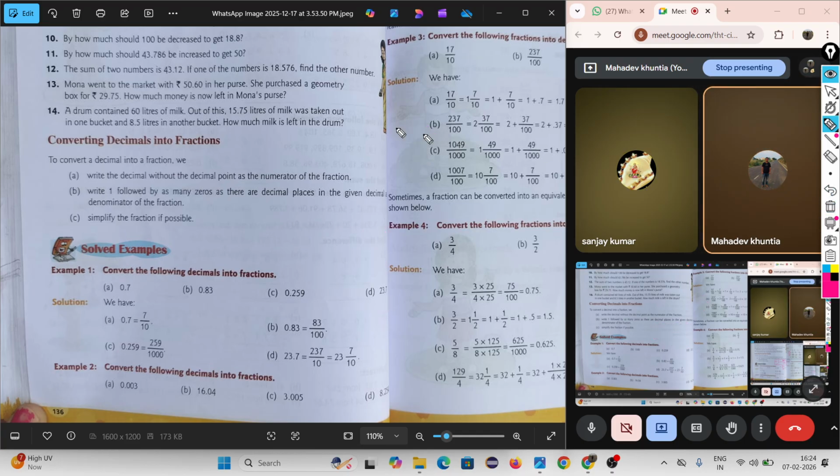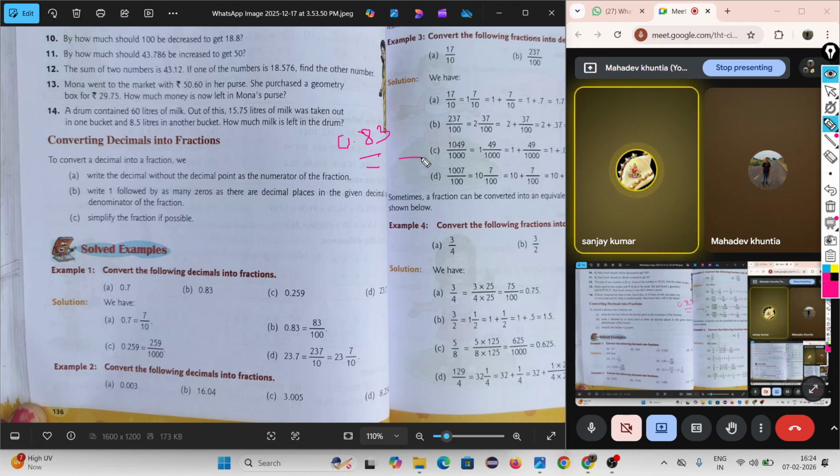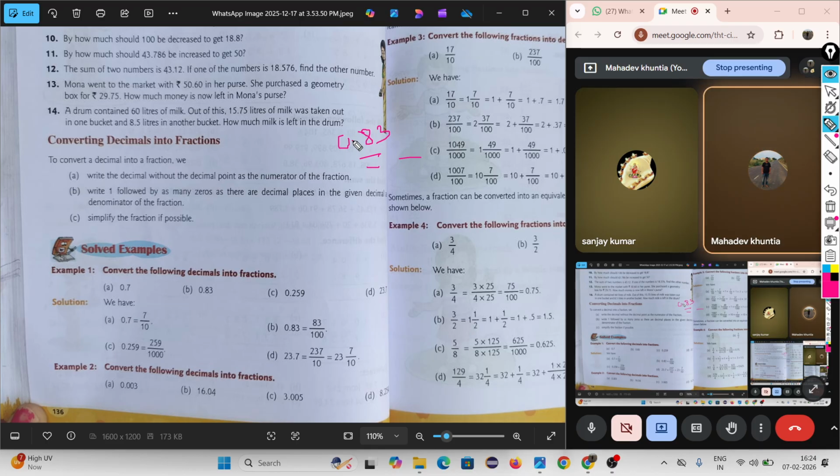Same thing. Quickly tell me, 0.83, if I convert this decimal into fraction, what is the fraction? 83 upon 100. Yes. You remove the decimal point, and whatever number is there, write in the numerator. In the denominator, write 1, then put the number of 0s on the basis of how many decimal places there are.